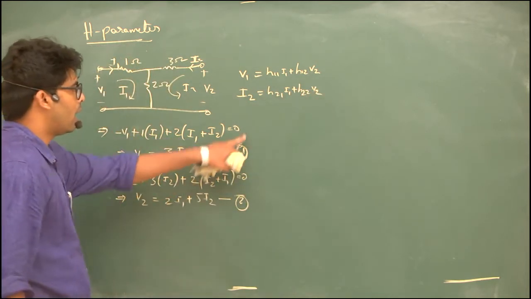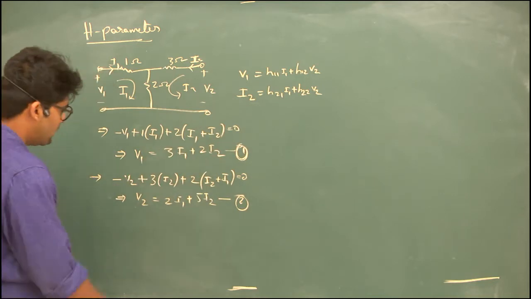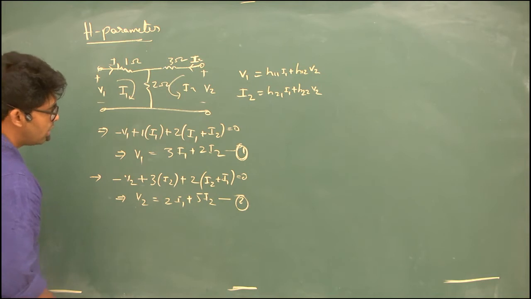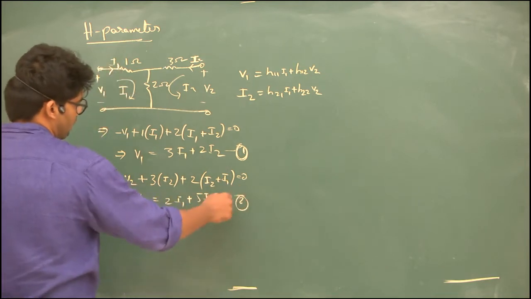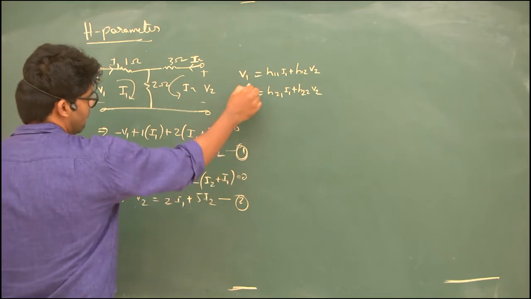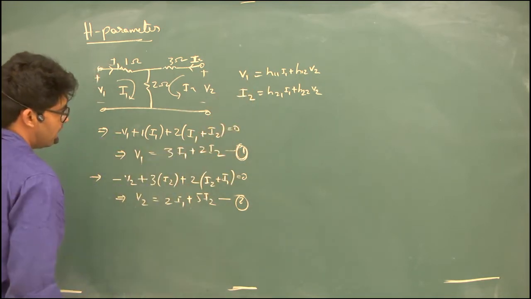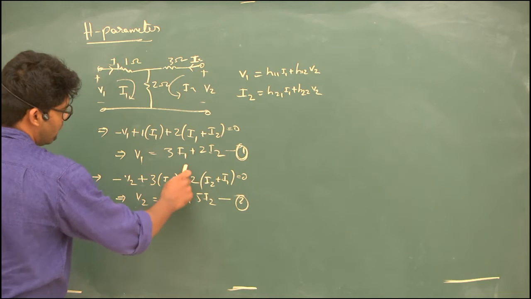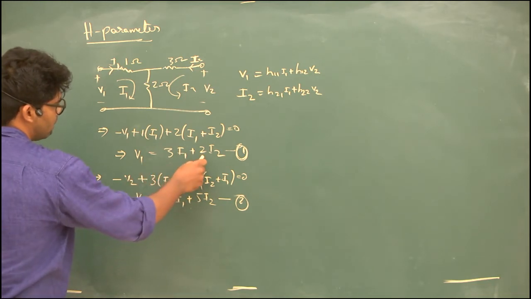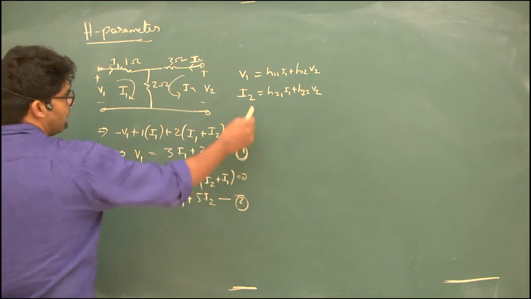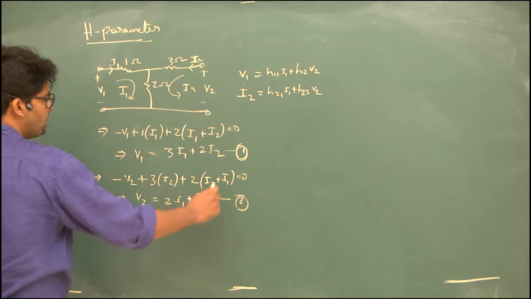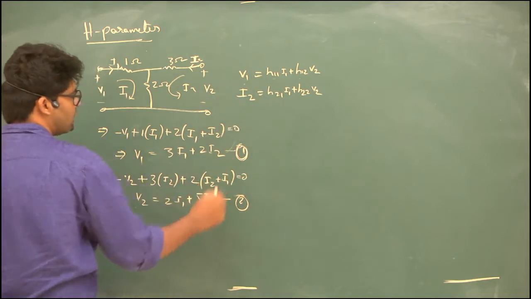These are hybrid parameters. For any circuit, there is a chance of representing it with h parameters. If you observe equation 1, V1 equal to 3I1 plus 2I2, but here V1 should be h11 I1 plus h12 V2, so there is no provision to change equation 1.